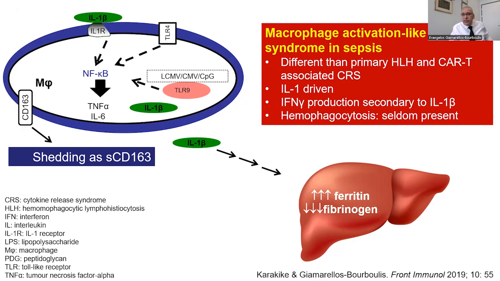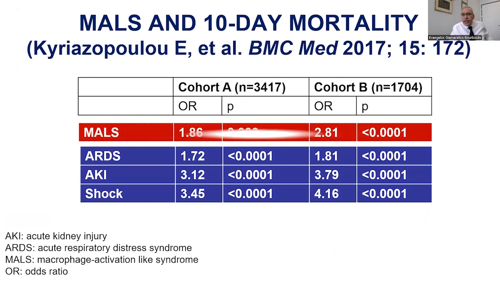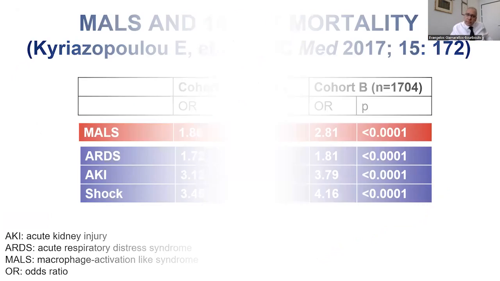It's not driven by interferon gamma, and hemophagocytosis is seldom present. But this entity is an independent driver for early mortality in the first 10 days, even in the presence of ARDS, acute kidney injury, or circulatory shock.